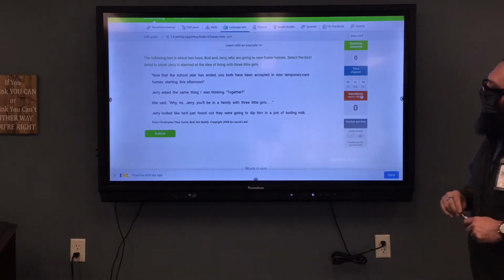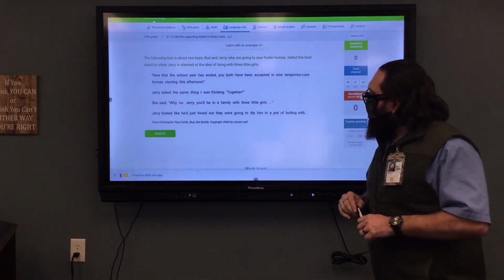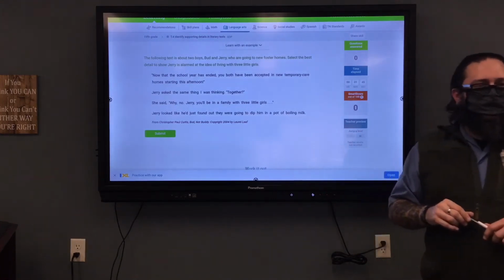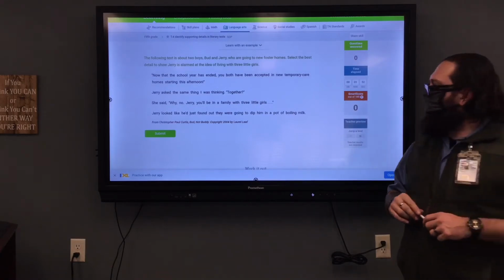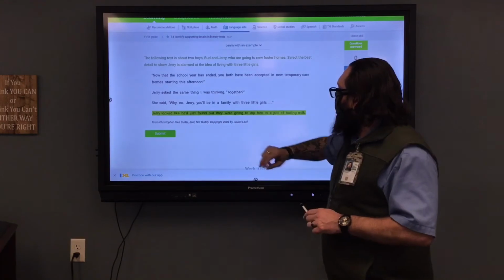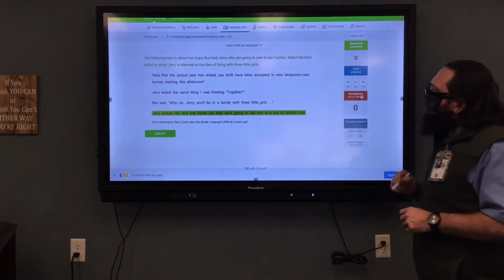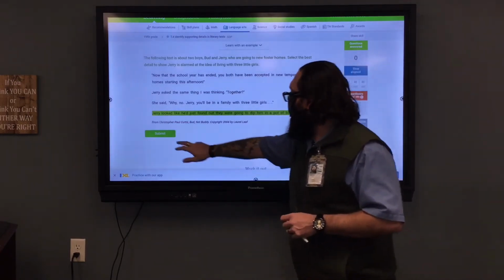Jerry looked like he just found out they were going to dip him in a pot of boiling milk. Okay. So I wonder what that would look like. Being dipped in a pot of boiling milk doesn't really sound too pleasant to me. So yes, you are correct. This quote best supports the claim that Jerry is alarmed.